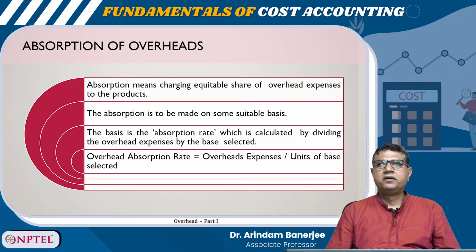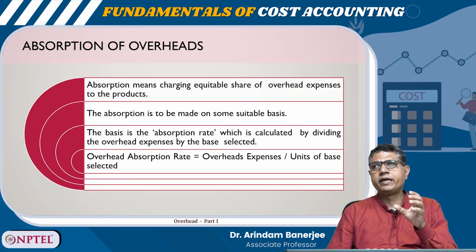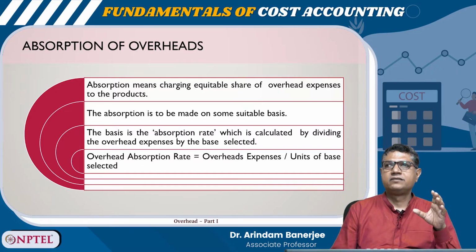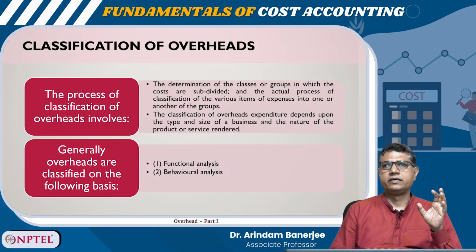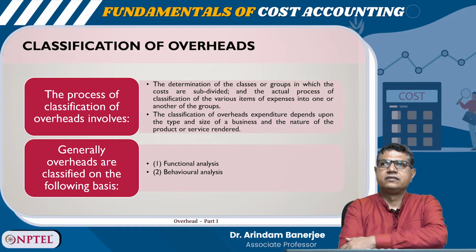So, this is the meaning of absorption, right? And for absorption you need to select some suitable basis, and you have to calculate the overhead absorption rate by dividing the total overhead expense by the units of the base selected.